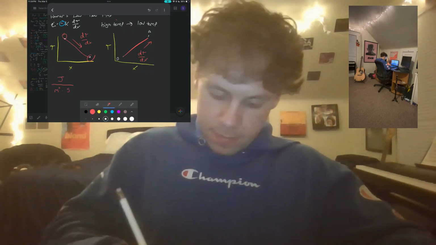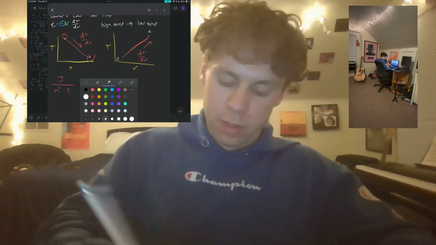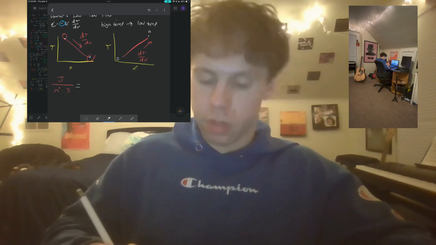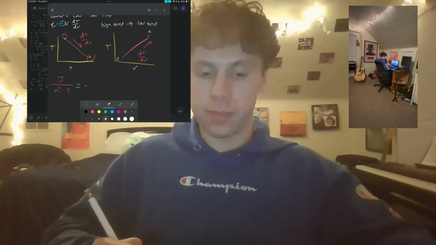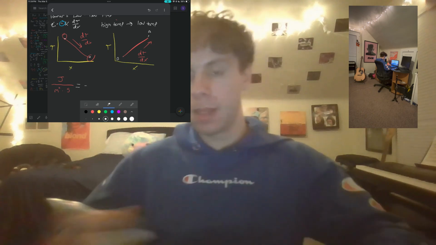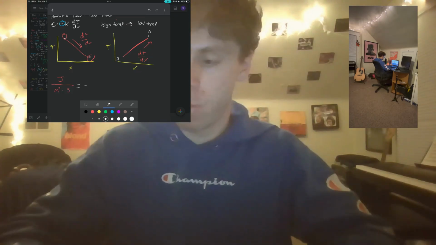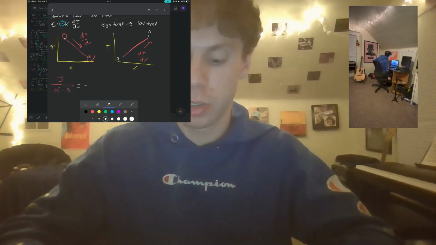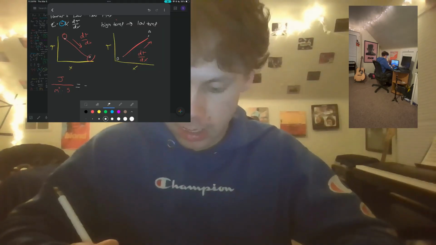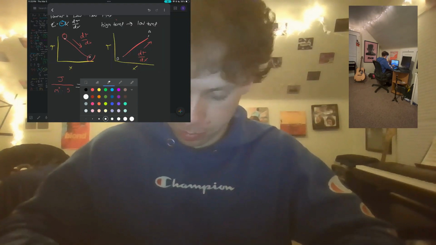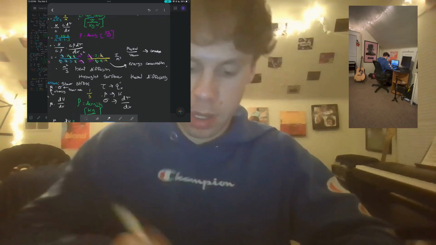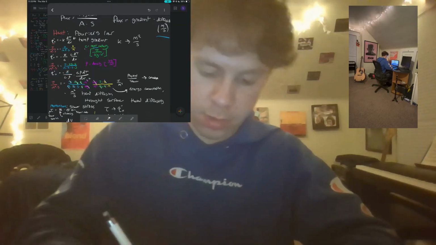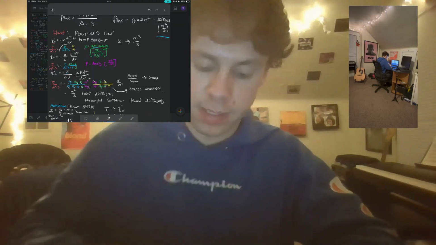That equals our negative thermal conductivity, which describes an object's resistance to transfer heat. And like we said before, this is in units of joules per meters Kelvin second.